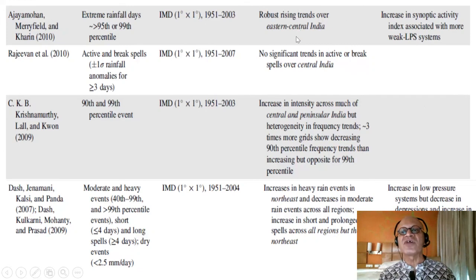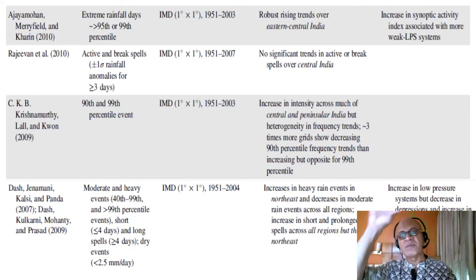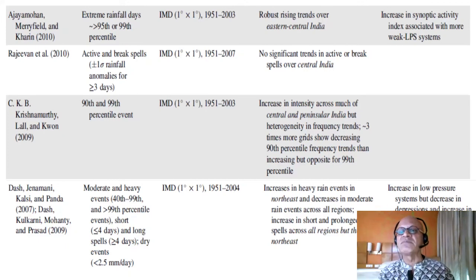Robust rising trends over eastern central India. So eastern central India that we talked about, that goes from Himalayan foothills over to West Bengal and Odisha. Increase in synoptic activity index associated with more weak LPS systems.